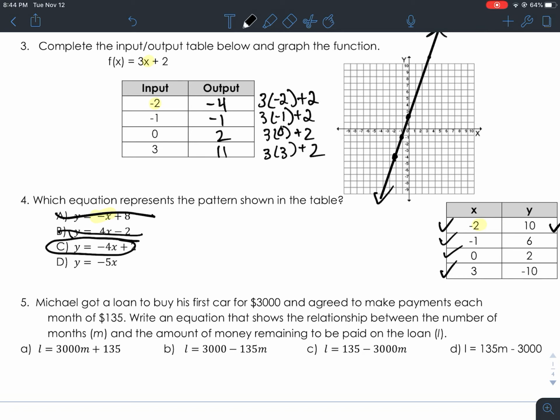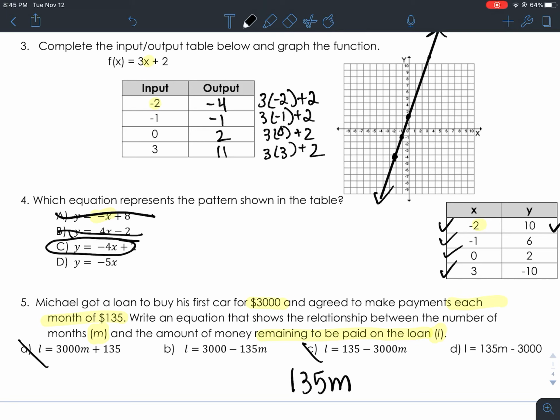So currently he owes this much money, and then each month he pays $135, and we're looking at those two variables, the months, which is going to be connected to that 135, and then the total amount of remaining money, or the L. So since it's starting, I know that the month's going to be with 135 because it's 135 per month. So using that logic, I can eliminate A and C. They're out.